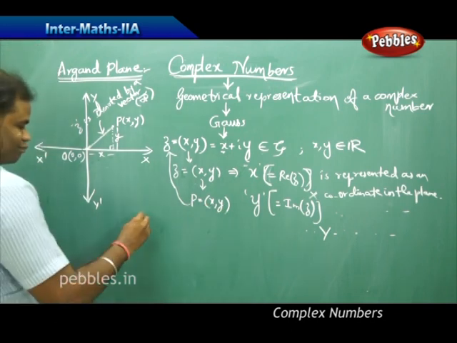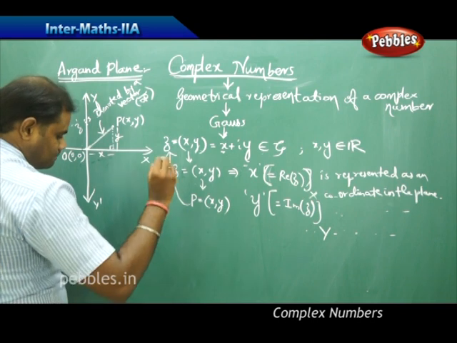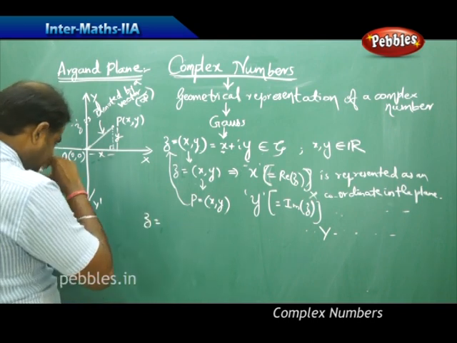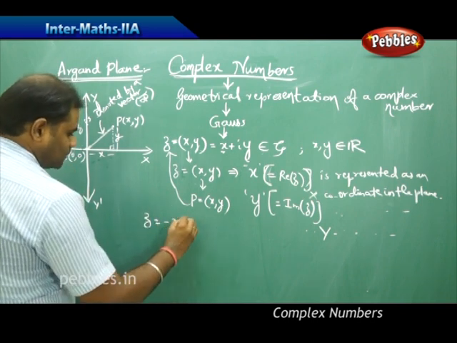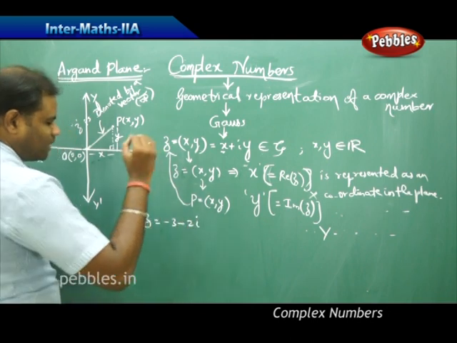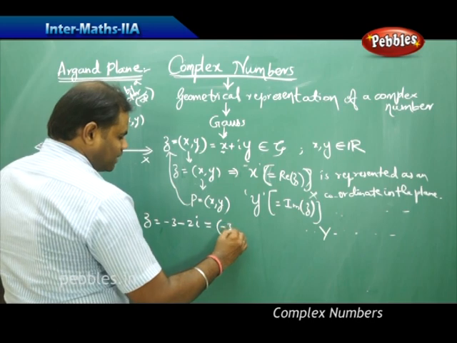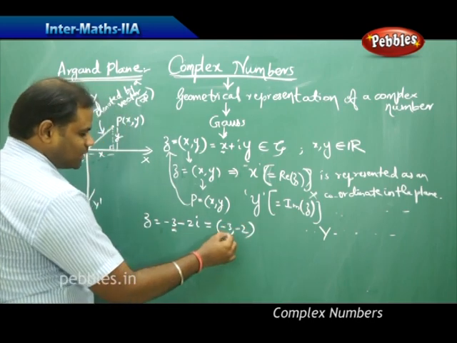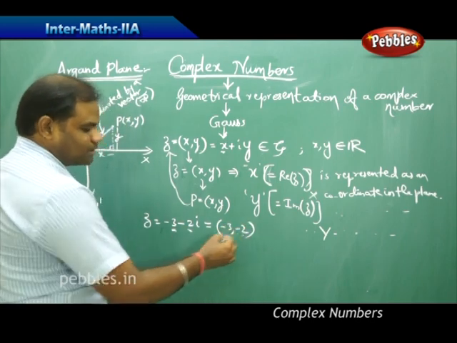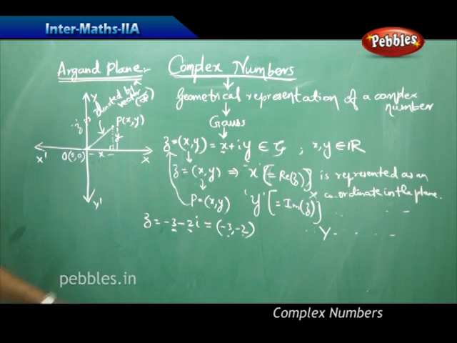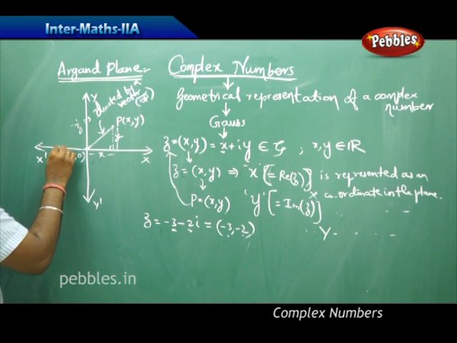Say for example, I wanted to represent the complex number -3 minus 2i. So indirectly I write this in the coordinate form (-3, -2), where the real part is x coordinate and imaginary part is y coordinate. Then when I plot this, I get (-3, -2), somewhere 3 units left and 2 units down.